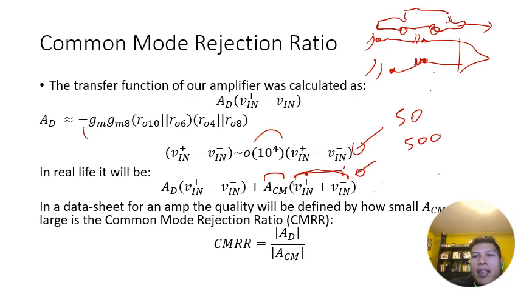Another common mode source is, for example, light bulbs. They emit a 60 hertz signal, which is going to be common to both terminals, and in an experiment, you're going to see that. We were doing these experiments at one point, trying to measure some neural signals, and it was so sensitive that we had to turn off all the lights in the lab.